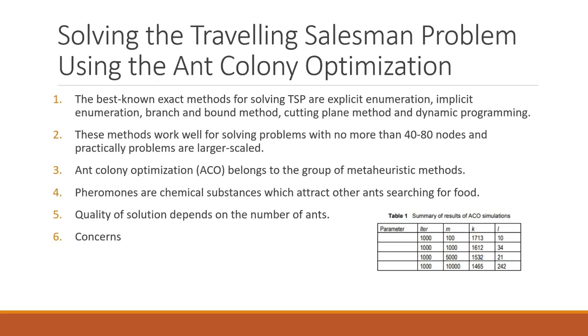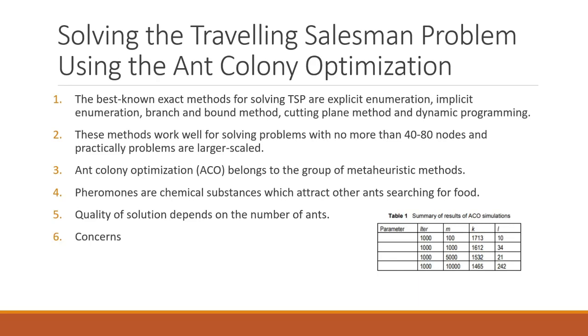However, these methods work well for smaller scale problems. Whenever you increase the number of nodes, the problem grows exponentially and leads to a large amount of time and resources being used. Thus, we need a better solution.